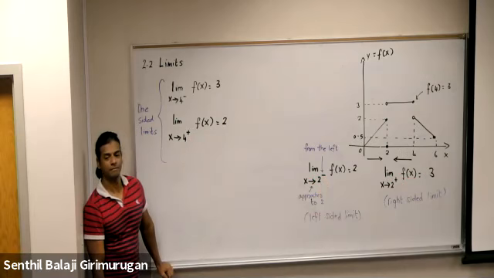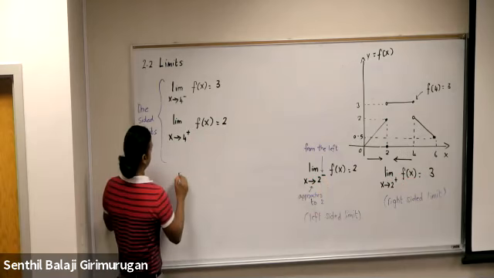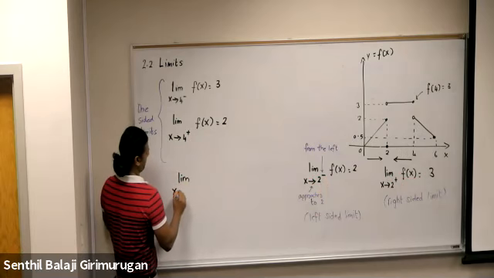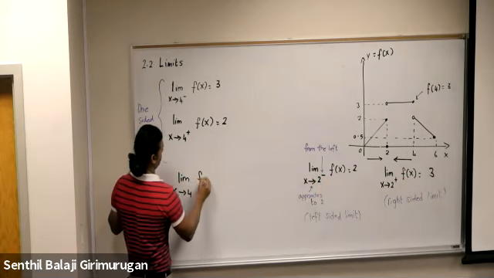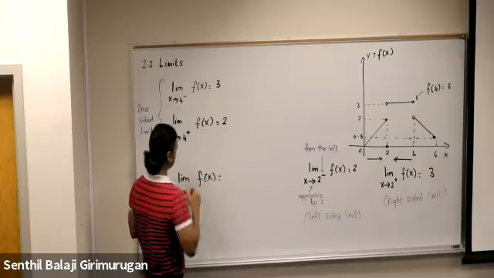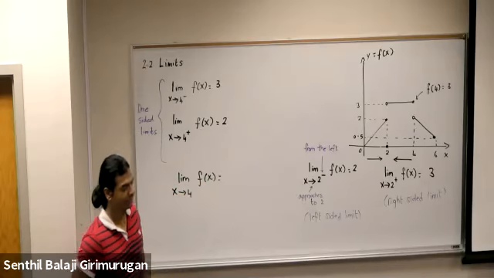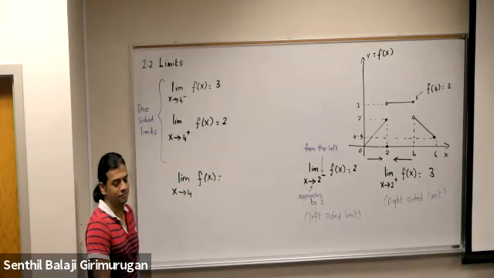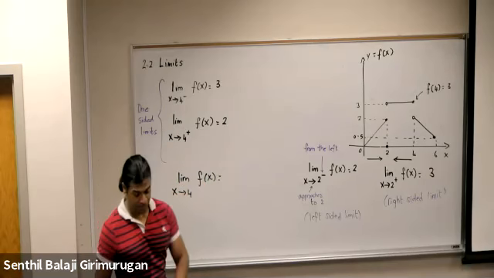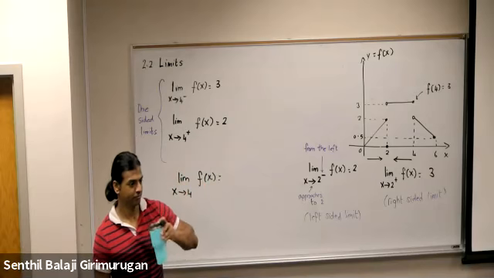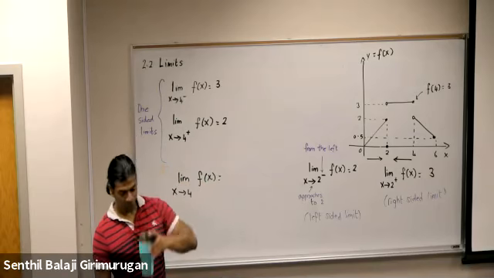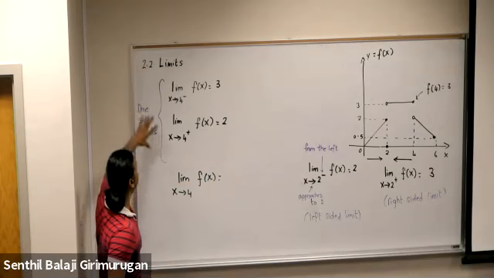So when x approaches 4, just limit as x approaches 4. Do you want to guess the value? Is it 3? Is it 2?